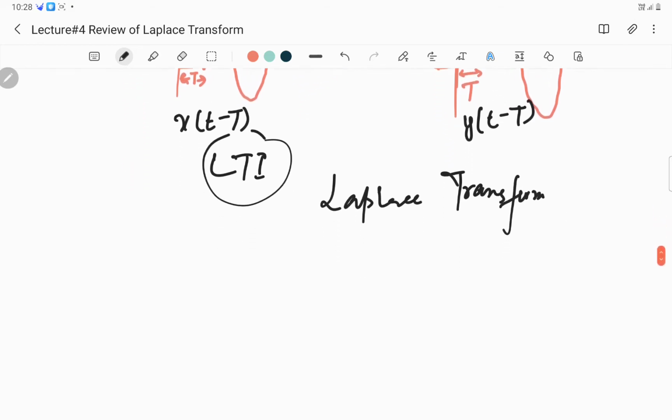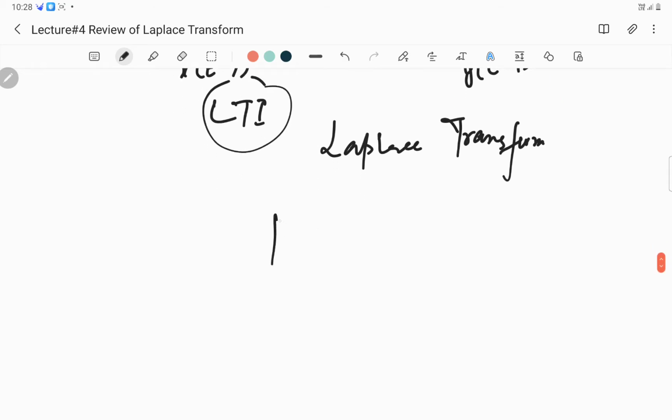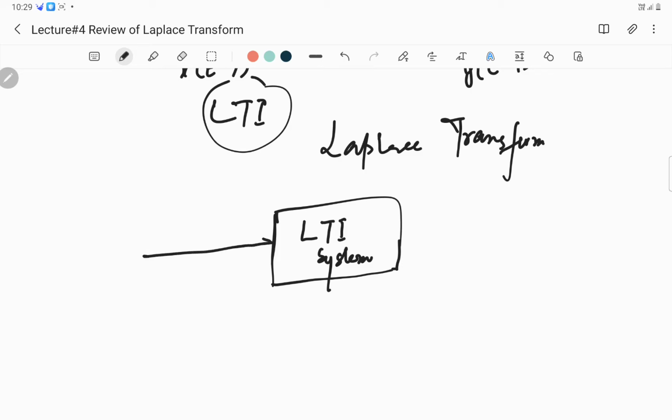So now let us try to understand the final version of a linear time invariant system. Let us assume that it is a linear time invariant system. We are applying some input, we get some output.